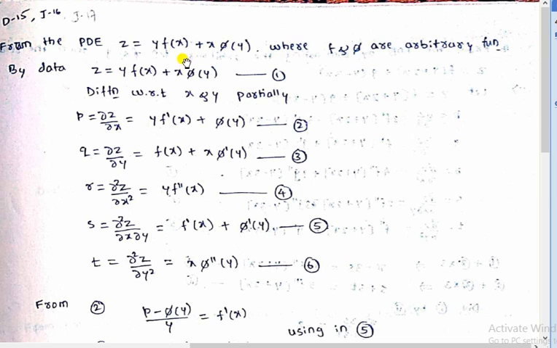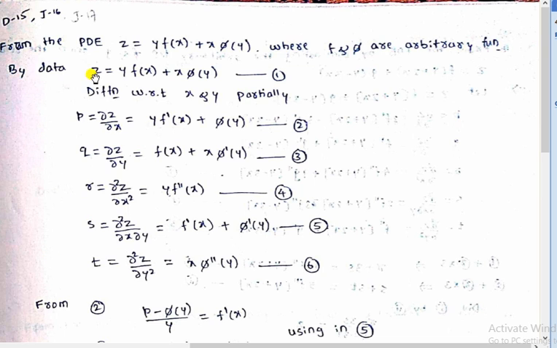But here the problem contains two functions f and phi, so we will differentiate up to second order. It means we have to calculate the p, q, r, s and t terms here.